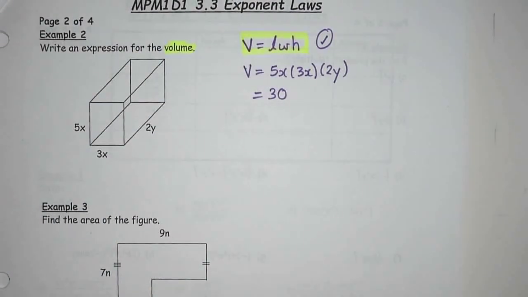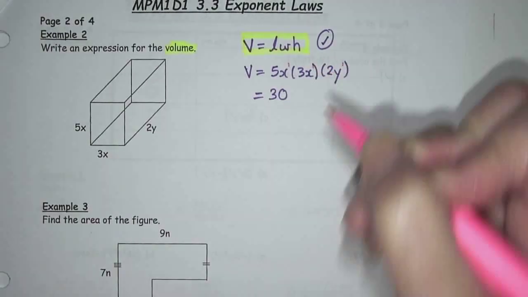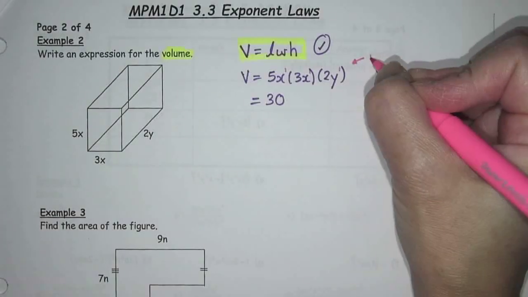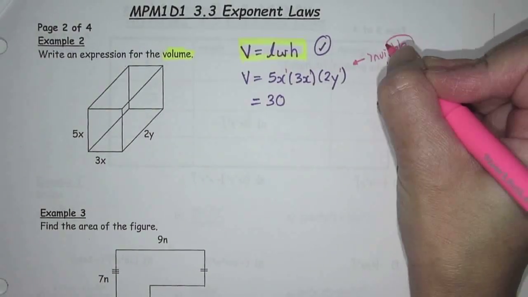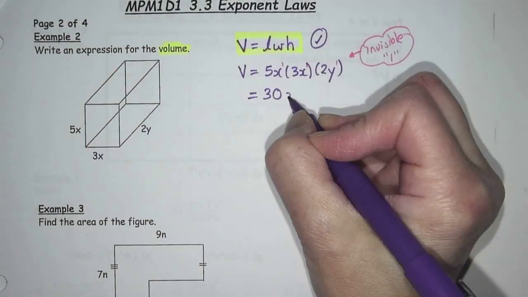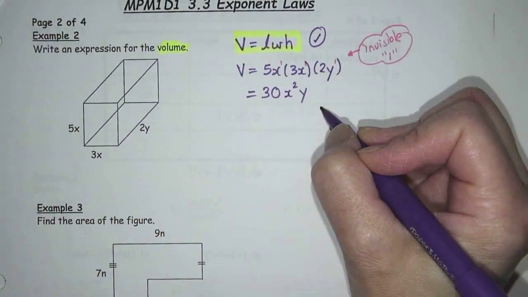X times x, and remember that these are invisible ones here. They're all ones. Don't write them. They're invisible. You don't write them, but you know that they're there. And you're going to go x times x is x squared, 2 of them, and you have a y. And that's it. You stop right there.